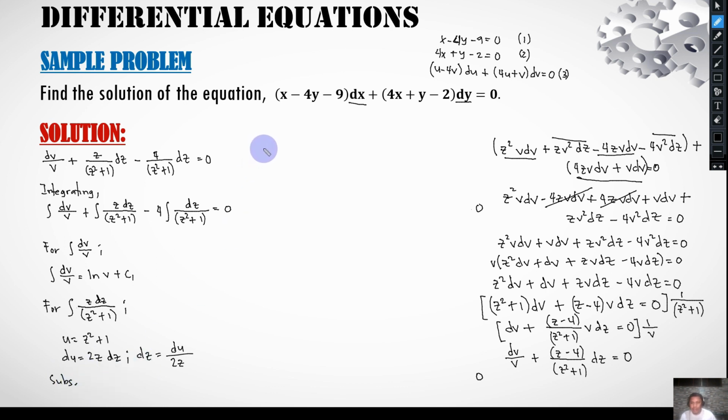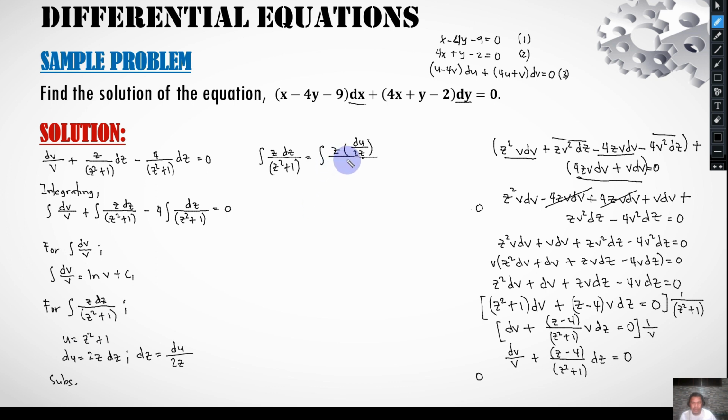the integral of z dz over z squared plus 1 is just equal to the integral of z times dz, which is du over 2z, and the denominator z squared plus 1 is our u.